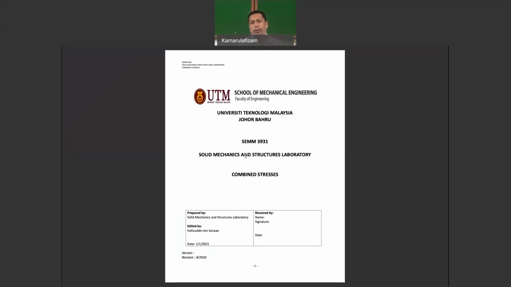In both experiments, you will have data that you can calculate from the design test rig or apparatus. You have some values from your calculation, and from the experiment we will get other values. At the end you will compare these two values and see what the differences are.